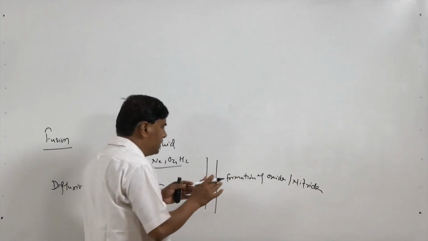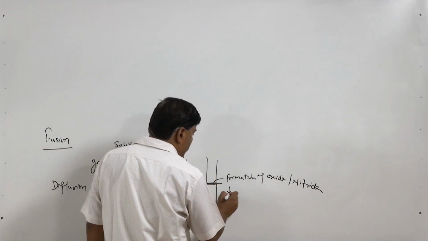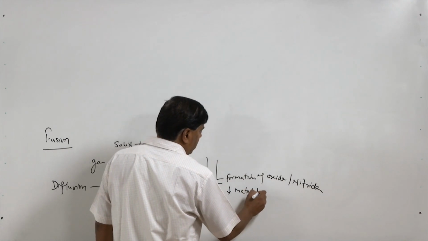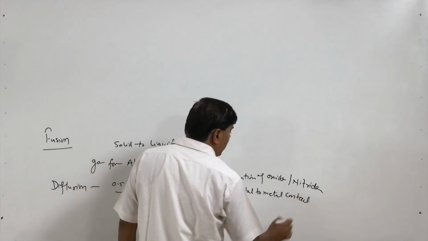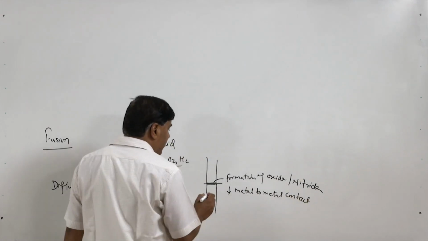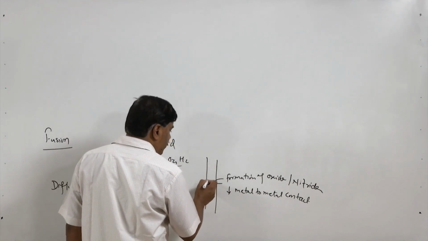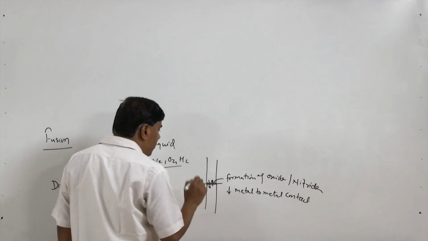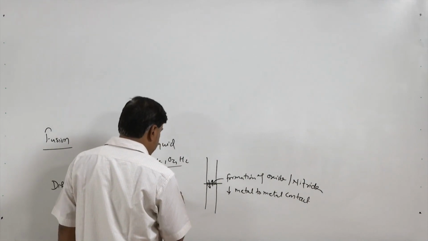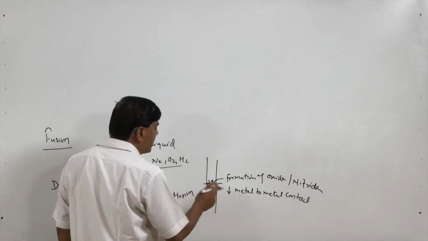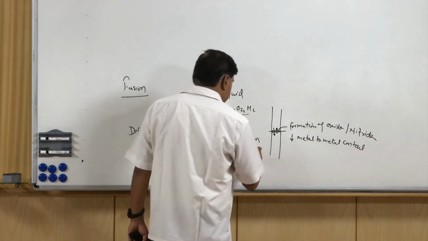Formation of these oxides and nitrides at the interface will reduce the metal to metal contact, and this hindrance will reduce the diffusion of the atoms across the interface, which normally takes place for development of the diffusion bonds, and this is the prerequisite: across the interface diffusion has to take place, then only the bond will be developed.